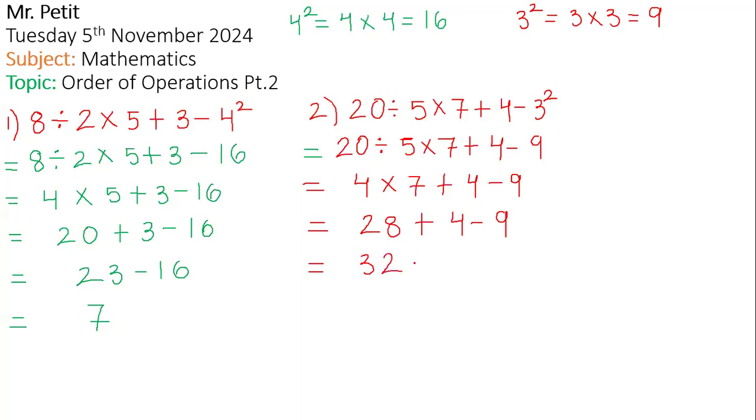So we have 32 minus 9. 32 minus 9 is 23. Very good. So 32 minus 9 is 23.